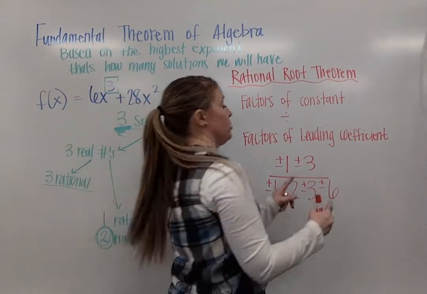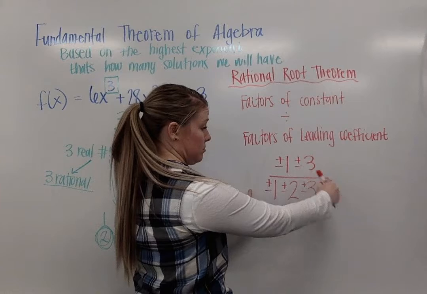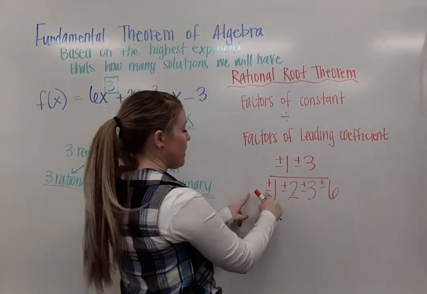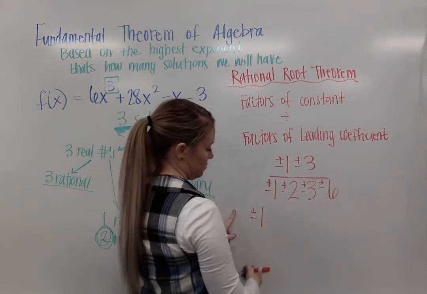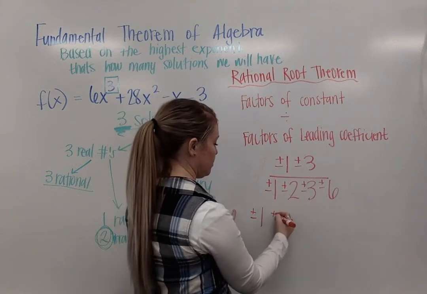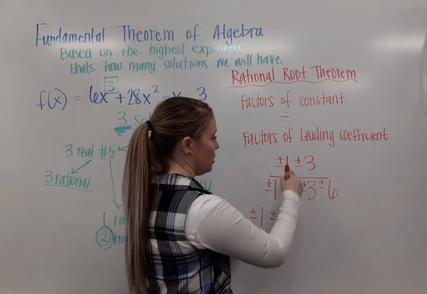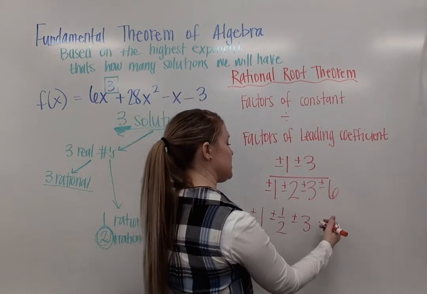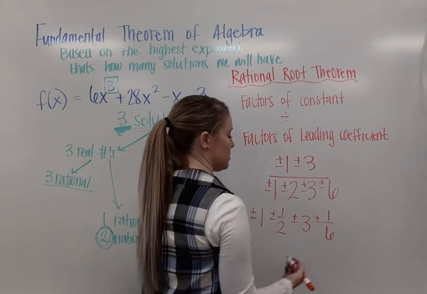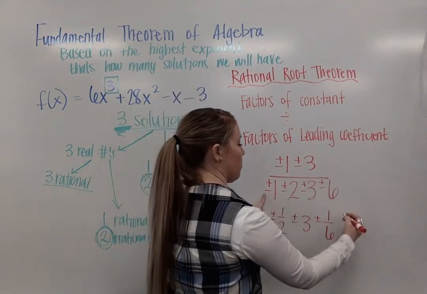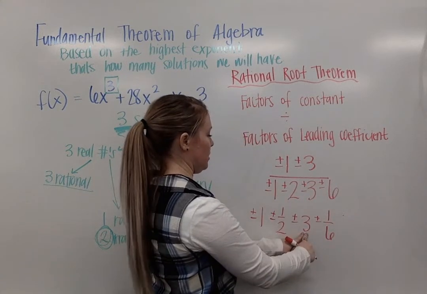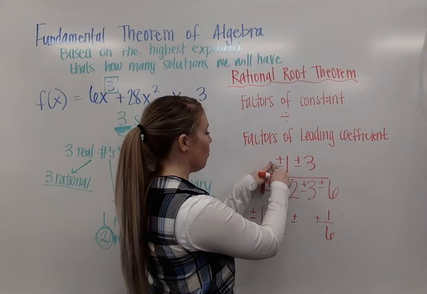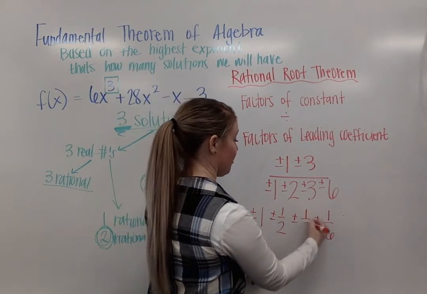So I'm going to go through and I'm going to actually split this up. 1 divided by 1, that's 1. 1 divided by 2, that's 1/2. 1 divided by 3, oh, silly me, that's 1/3.